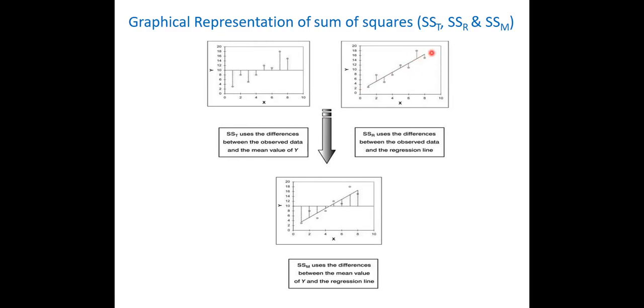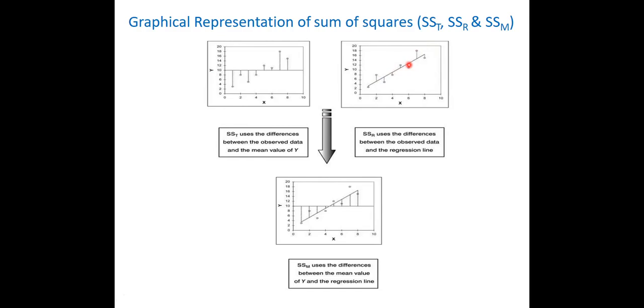As we already said, for regression, even though not all of the points are on the line, they are closer. The regression line is closer to each point than the mean line. Now, if you remember, how do you handle the deviation?